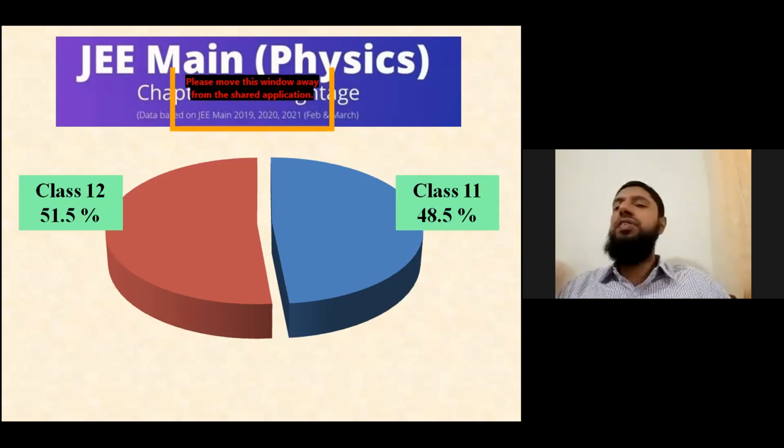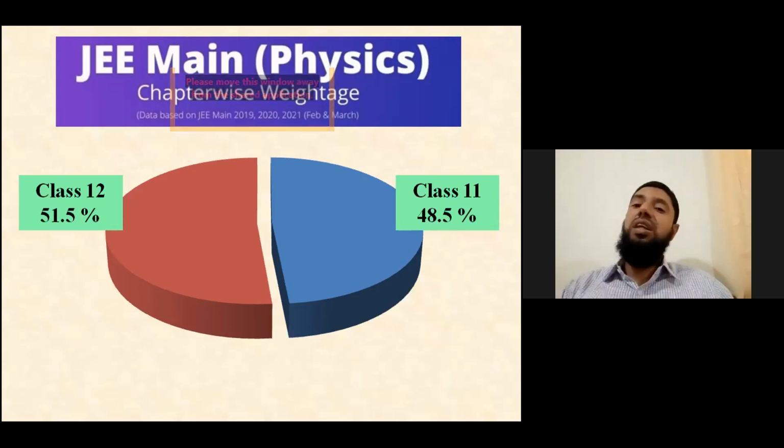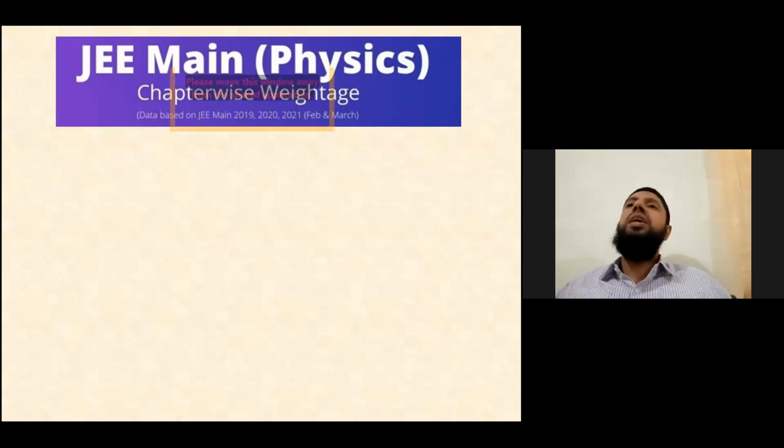Generally we have 50-50 from class 11 and class 12 for JEE. One question may vary: 14 from first year and 16 from second year, or even 13 from first year and 17 from second year, depending upon the question paper setup.